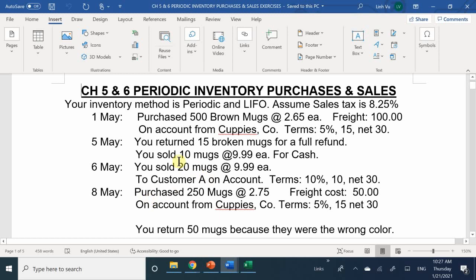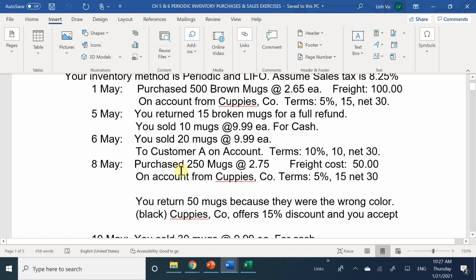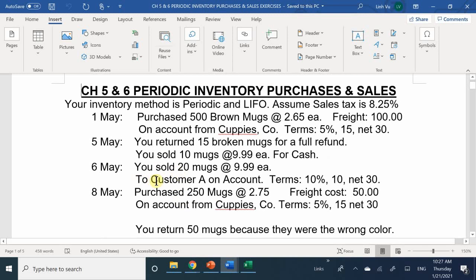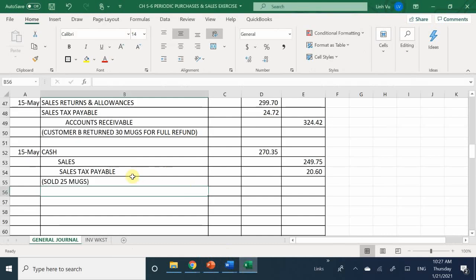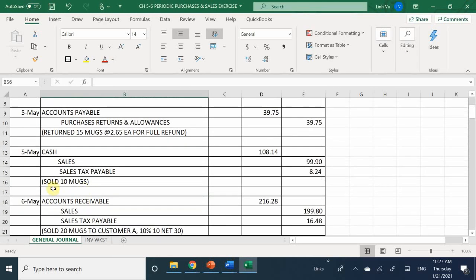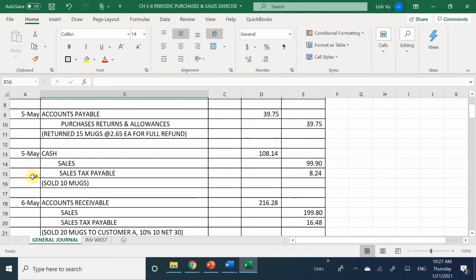So we sold a total of 20 mugs to them. Did customer A make any returns? Doesn't look like it. So now we can go back to the transaction for the 6th of May, and we're going to determine how much customer A actually owes us.